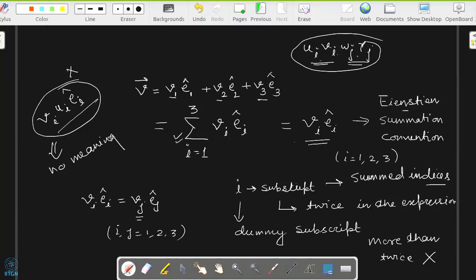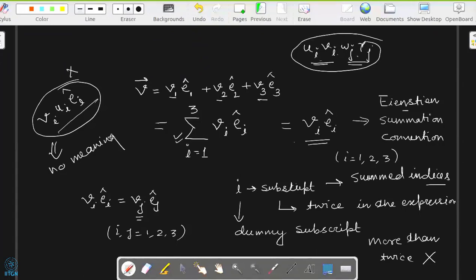Okay, so this is about the summation convention, and how we will use all these things, because this will make our equation very simple. Even the very complex mathematical calculation that we do in vector or tensor can be made easy and simple when we use these indices with the concept of summation convention.